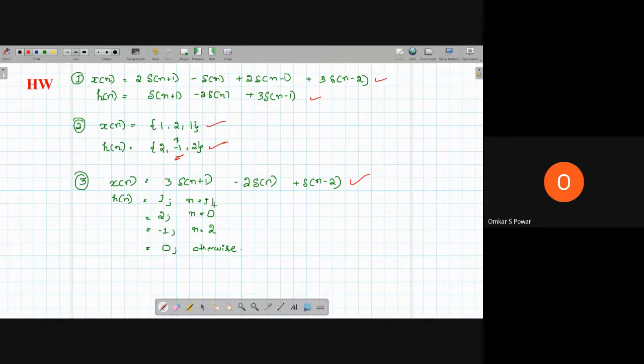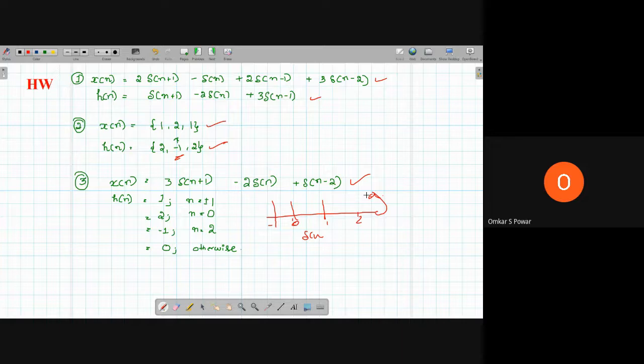So here you need not worry, because h of n is given and you can solve it easily. So there is no need to worry. So just you substitute the value, like n is equal to, they have given, you have to plot it, like minus 1, 0, 1, 2, plot the values here and express in terms of delta function and repeat the procedure.